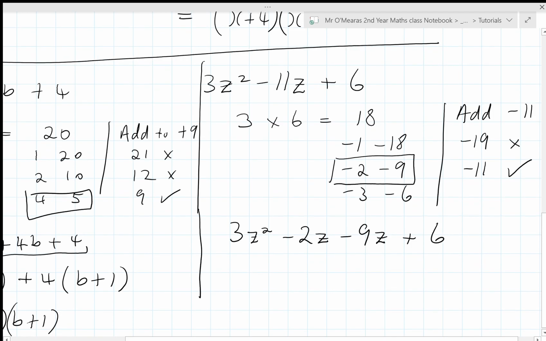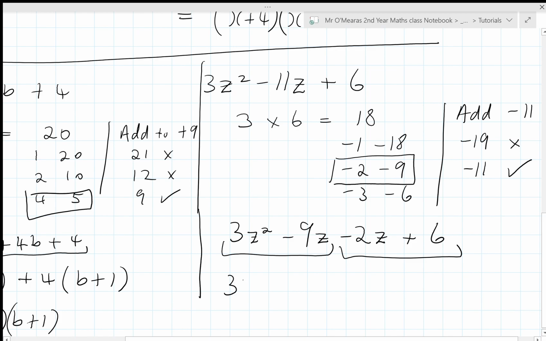Once we have that sorted, we look to do factorizing by grouping. We can see in this instance that we need to have the 2 and the 9 the other way around, so we can just switch those around: minus 9z minus 2z. So we're factorizing these by grouping.